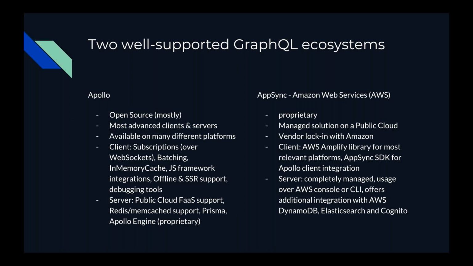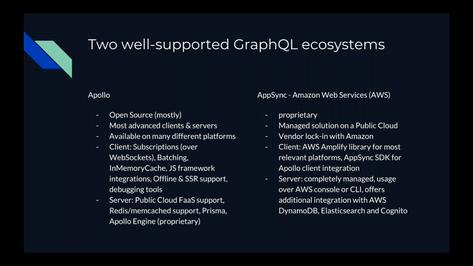It's basically like, we are using a lot of Mongoose to connect our REST backends to a MongoDB database. And Prisma is a similar layer to several databases for your GraphQL server, if you happen to implement the GraphQL server natively. And so I said it's mostly open source because there's a proprietary project from Apollo called Apollo Engine.